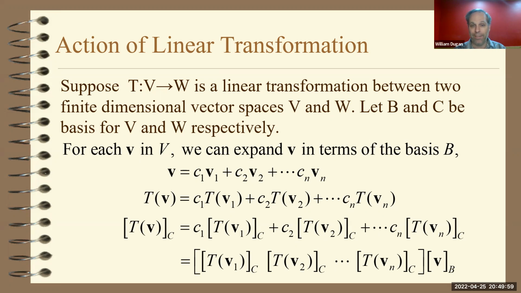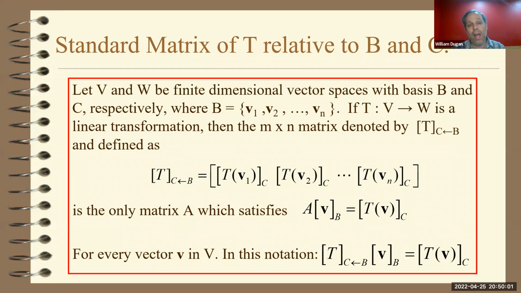So because of that, we get this idea that if you ever have two finite dimensional vector spaces and a basis B and C respectively for those vector spaces, where B is the set v1, v2 up to vn, and T is any linear transformation from V to W, then there is an m by n matrix. m, because C has m vectors in it, but we know that B has n vectors in it, so it has n columns.